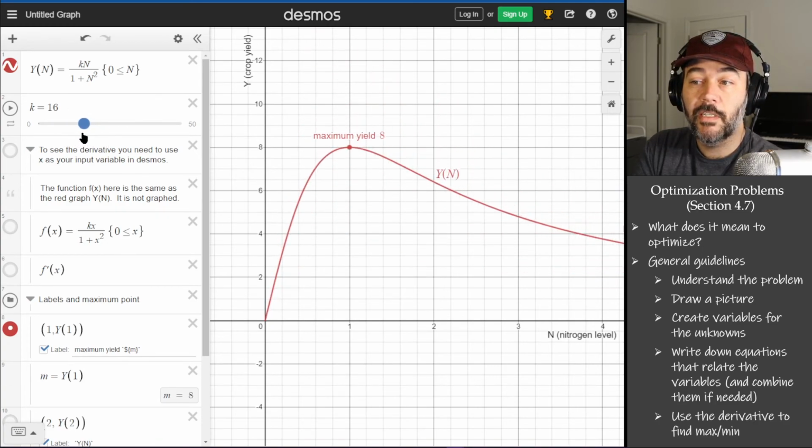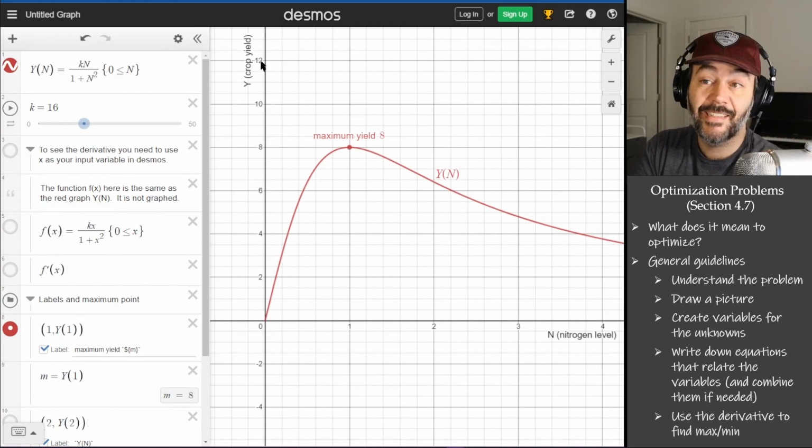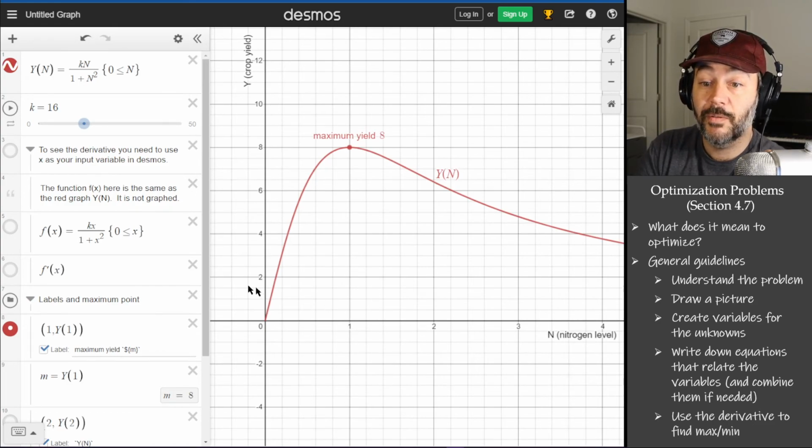The maximum yield I've marked here is variable in this example. The maximum yield is whatever that height is, but the input is always n equals 1. So the nitrogen level of 1, in this case, is what maximizes the yield.